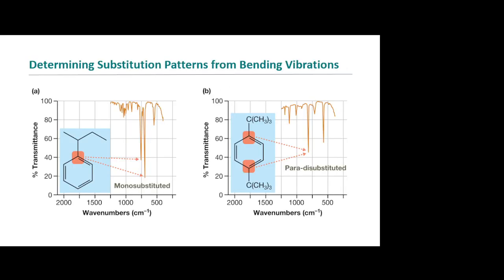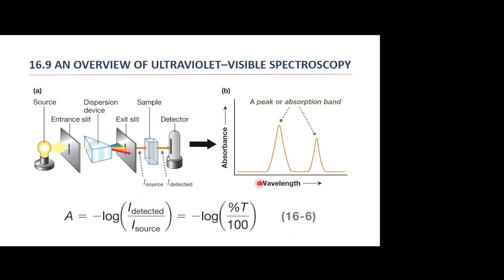Okay. So let's go ahead and talk about the ultraviolet visible spectroscopy, because that's also going to be part of this chapter, because it's an absorption spectroscopy. By the way, is this a destructive methodology, or does it conserve your samples? Do you have to destroy your samples to use spectroscopy like this?